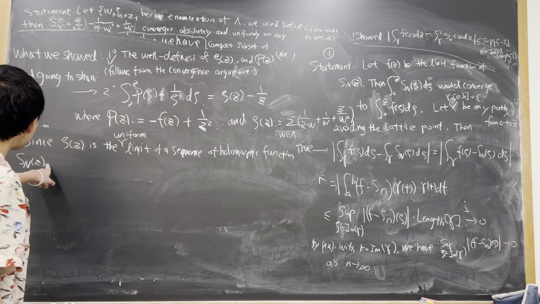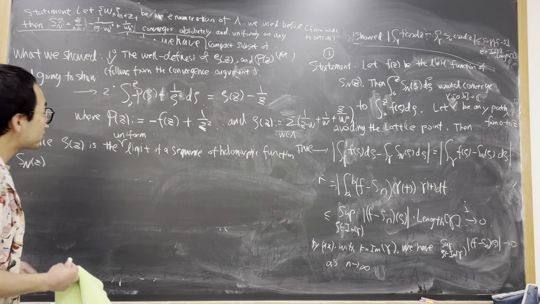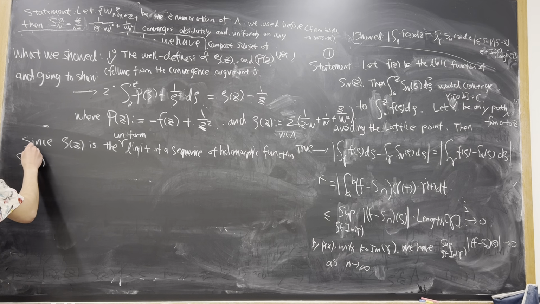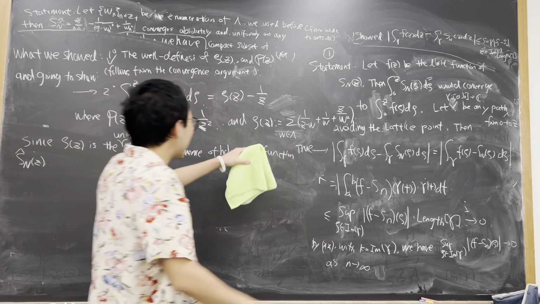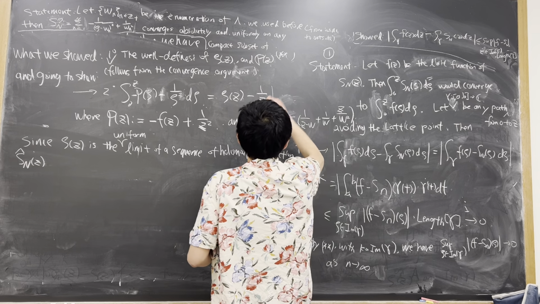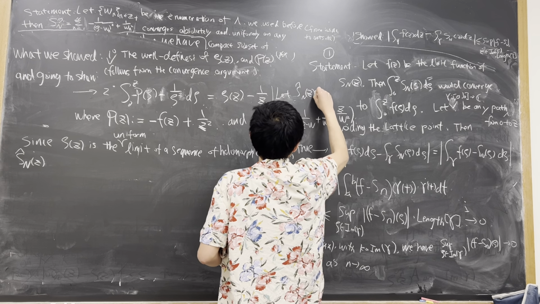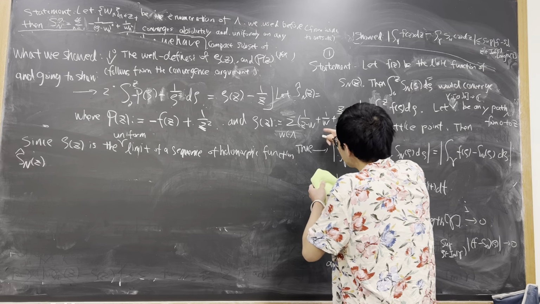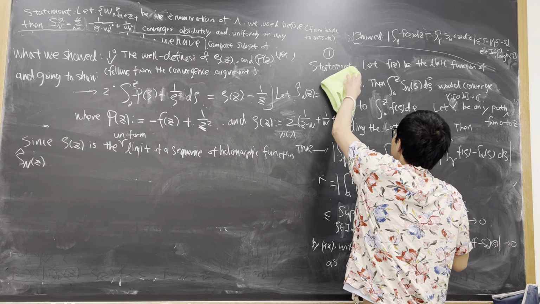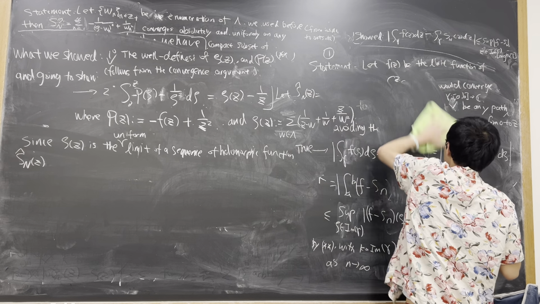So in this case, this S_n z is not the same as this one. So maybe I should use another letter. Let's say S hat n z. So let this S hat n z be the partial sum. Because this function, we know that it has the uniform convergence, right?